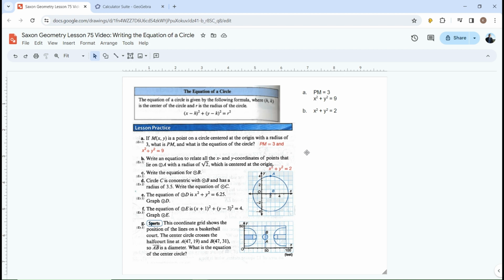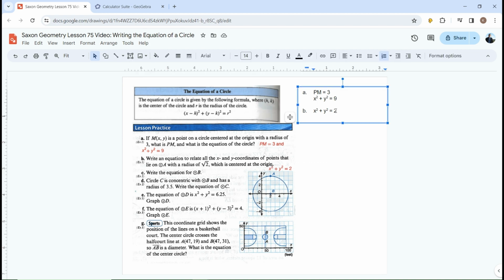Write the equation for circle B in our figure over here. Okay, now this one, notice, is not centered at the origin. Its y coordinate of the center is 0, but I need to shift the x coordinate. So here's what this is going to look like.